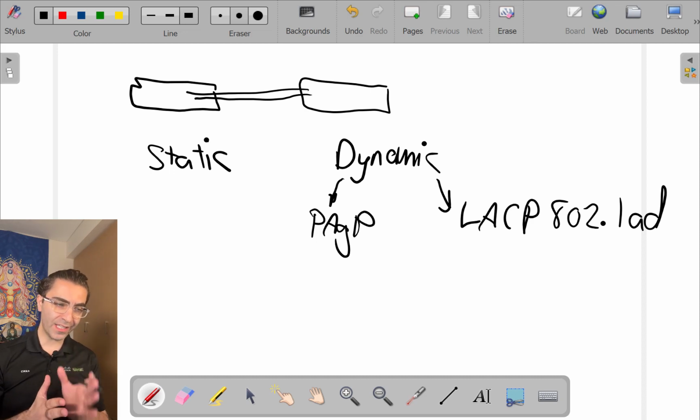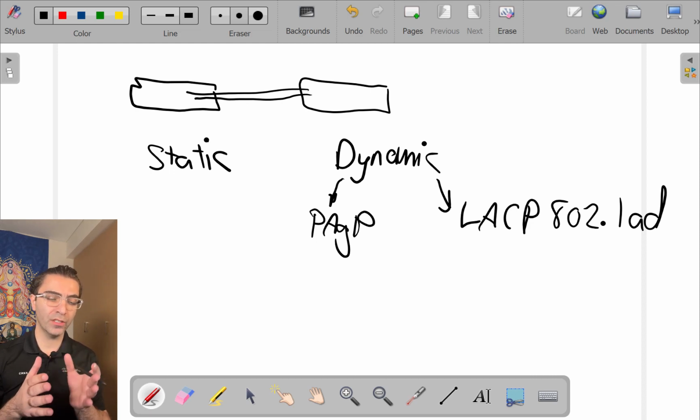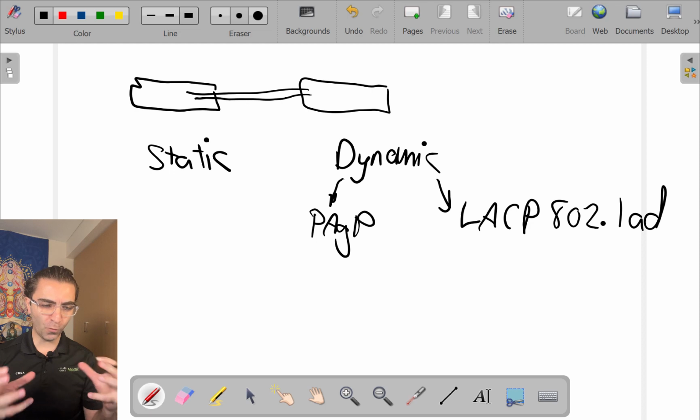But with static mode, the switches will not negotiate about the port channeling. They just try to form the port channels between each other.